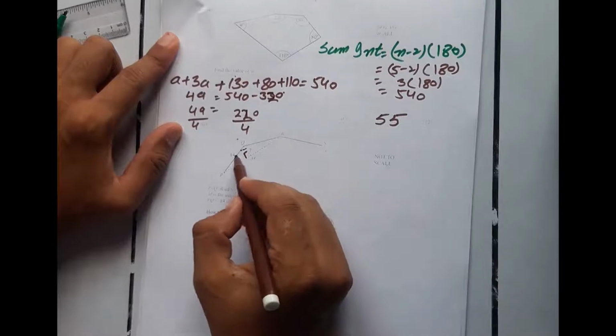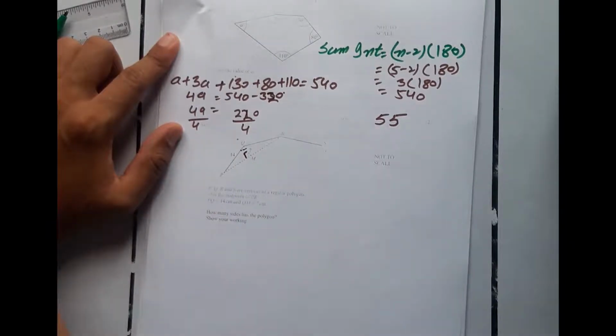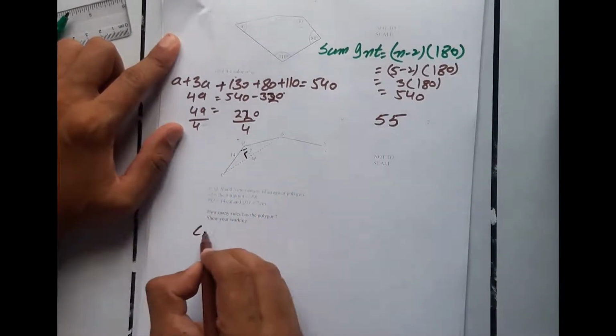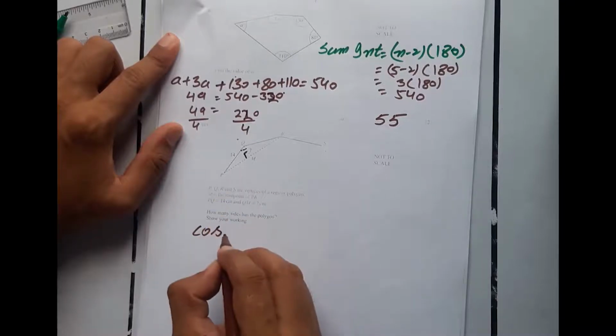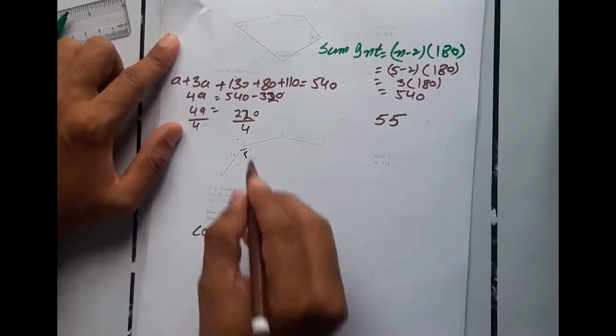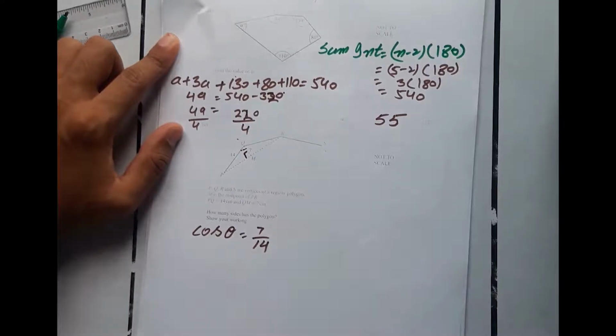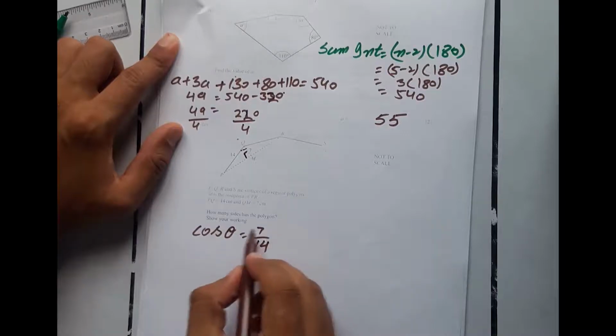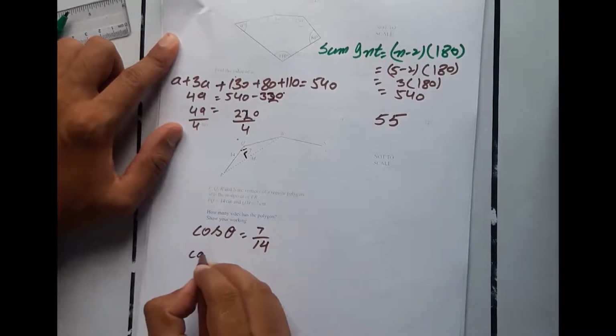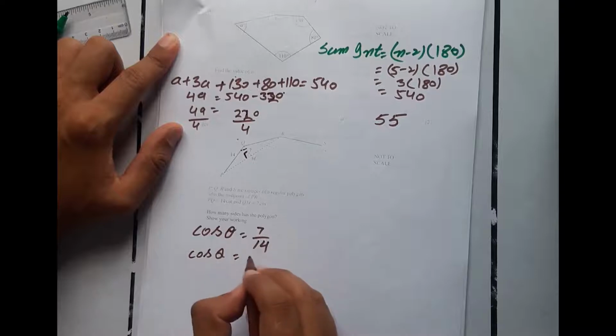So we have base and hypotenuse, curly brown hair, so we will use cos theta. We have to find theta. Base is 7, hypotenuse is 14. So cos theta is 7 over 14, which is 1 over 2, meaning 0.5.